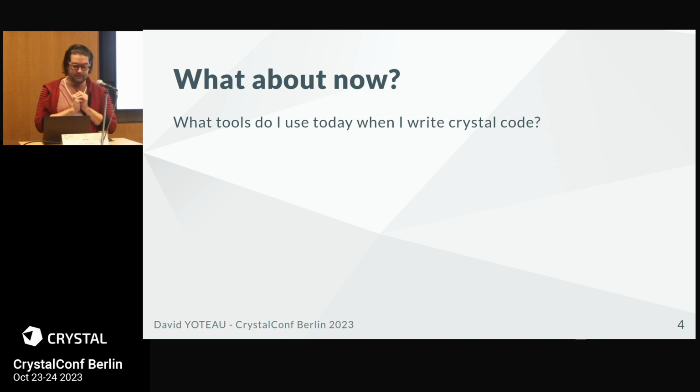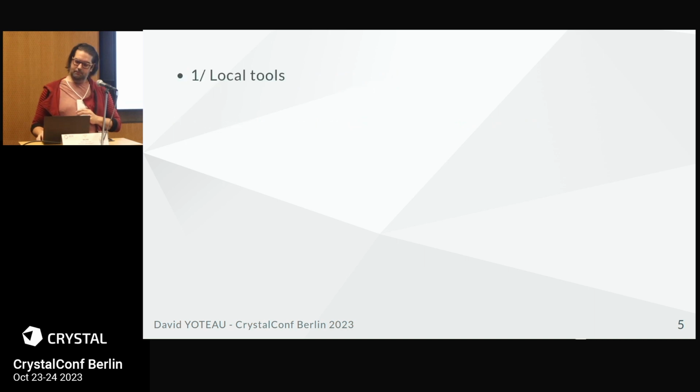What about now, in 2023? What tools do I use today when I write Crystal? I will first tell you about the tools I use on my PC. Then those that I use in CI, sometimes the same as locally, but with a different usage.